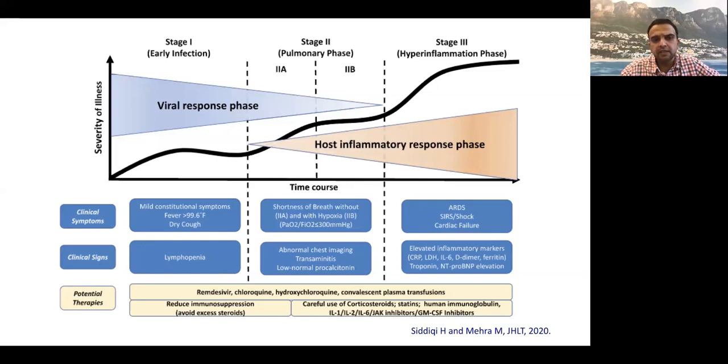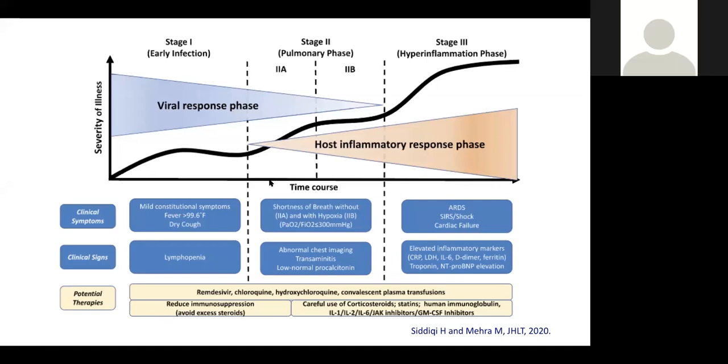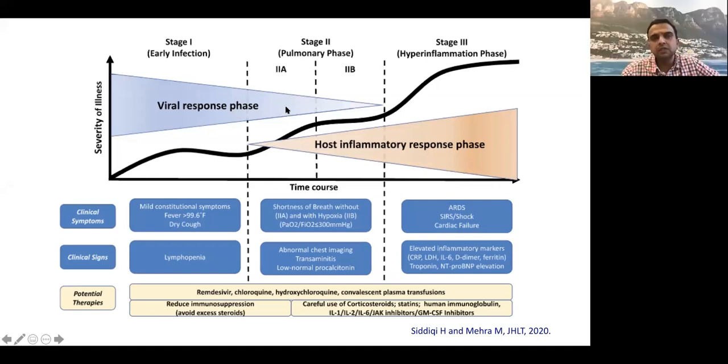And the stages are, stage 1 is very mild, where you just have some mild constitutional symptoms and dry cough. In fact, it's thought that up to 1/3 of the patients are asymptomatic. And then you get into stage 2. This is when the patient starts feeling a bit short of breath, and then they realize, oh, I've got hypoxia. This is also something that's coming up, that the hypoxia in SARS-CoV-2 seems to be different compared to the other hypoxia that we have seen.